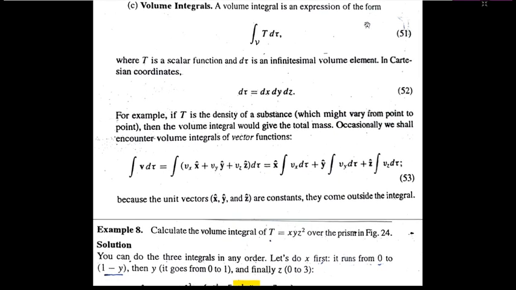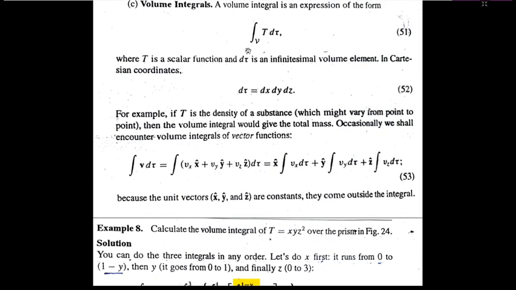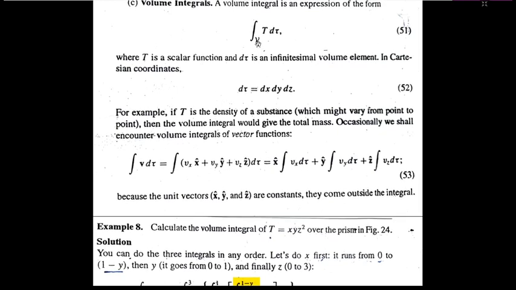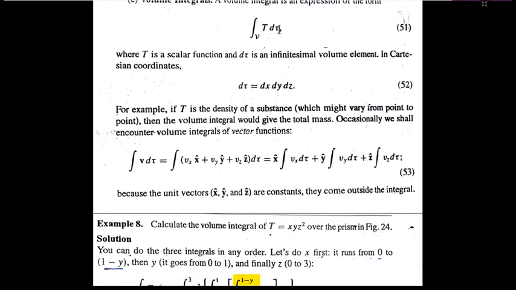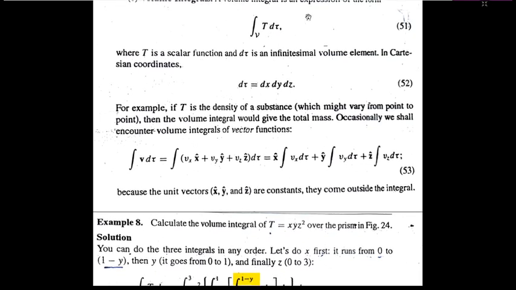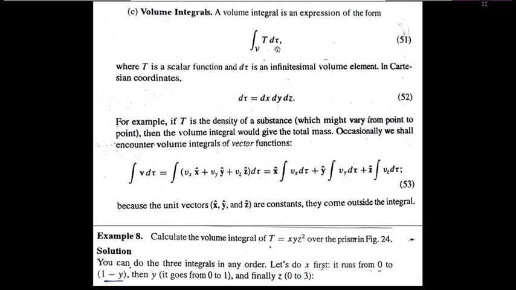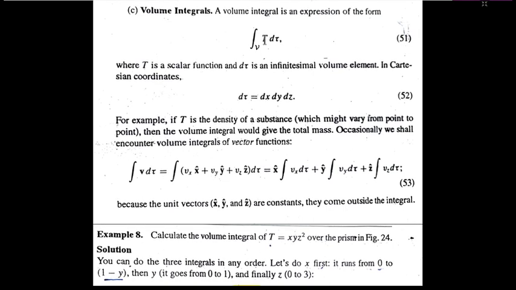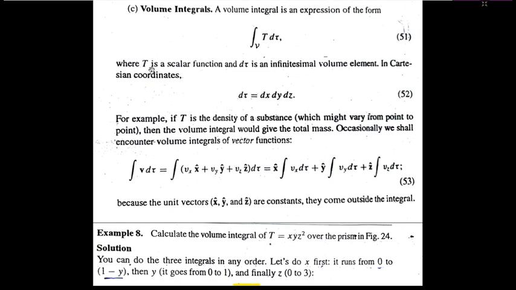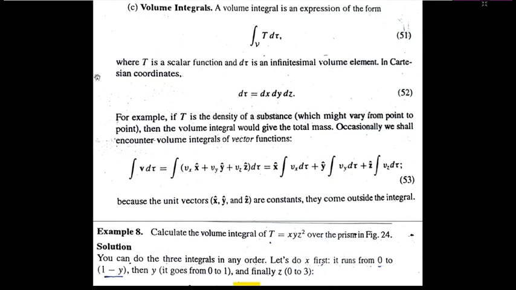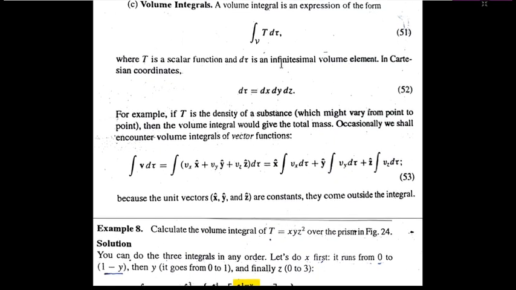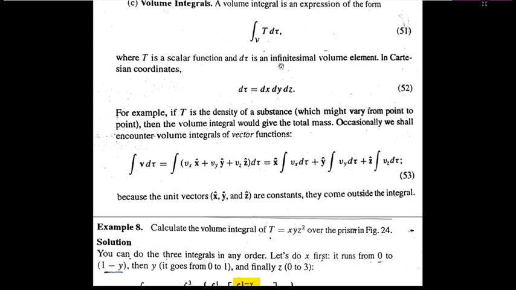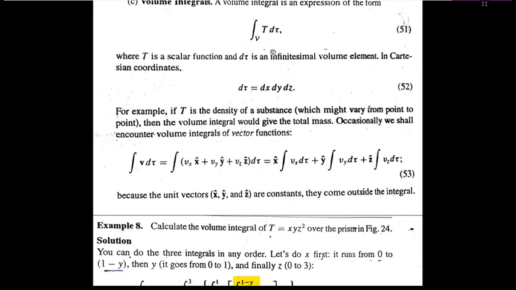over here written as integration sign v for a volume, t is a scalar function, remember that I am mentioning here t is a scalar function, and tau, that is d tau, is an infinitesimal volume.